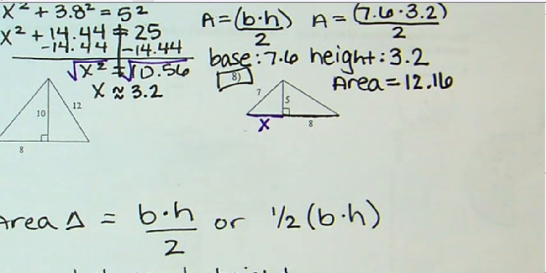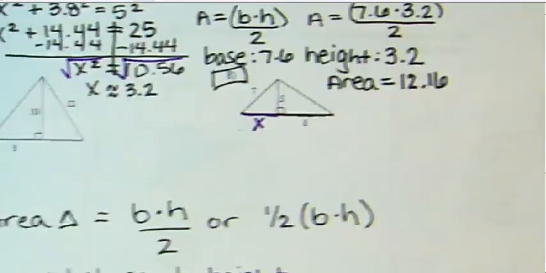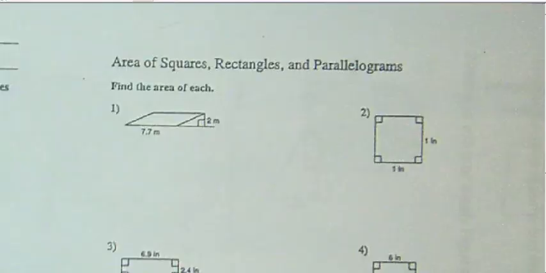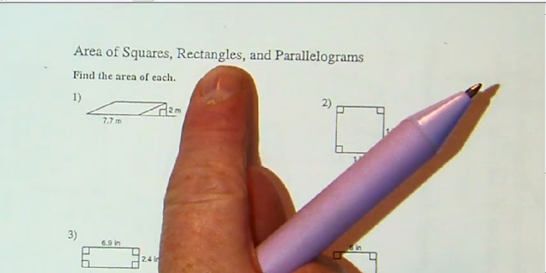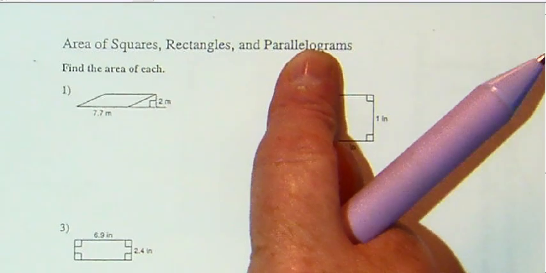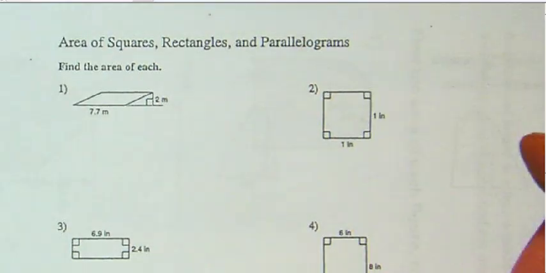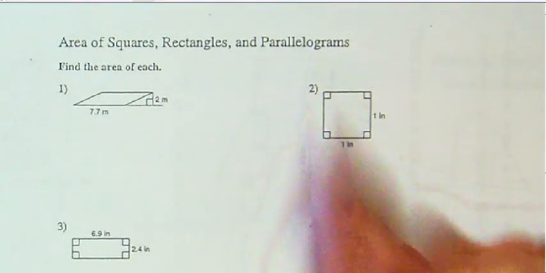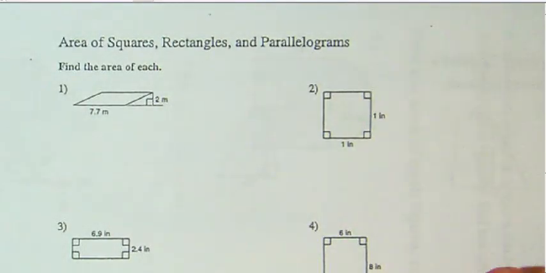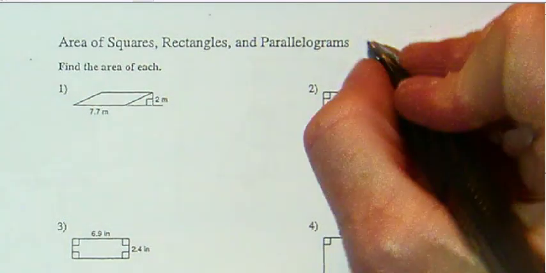All right, let's move on to the right side of our notes for today. Now we're going to find area of squares, rectangles, and parallelograms. You're going to like this one because it's a lot simpler. The area of a square, rectangle, or parallelogram, again, can be found on your reference sheet but is all the same formula.